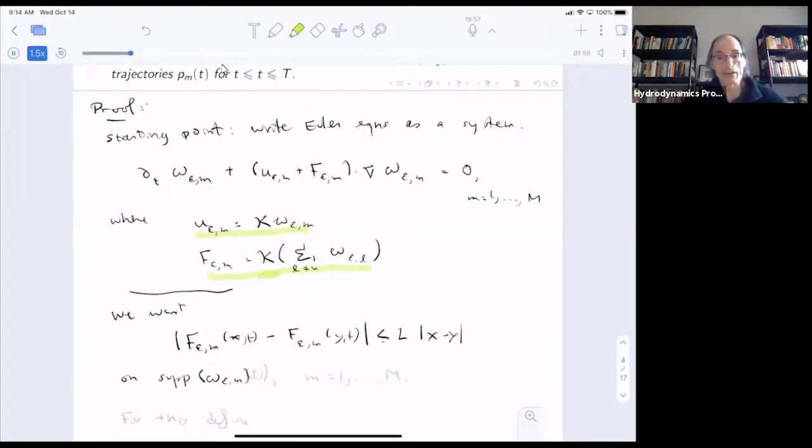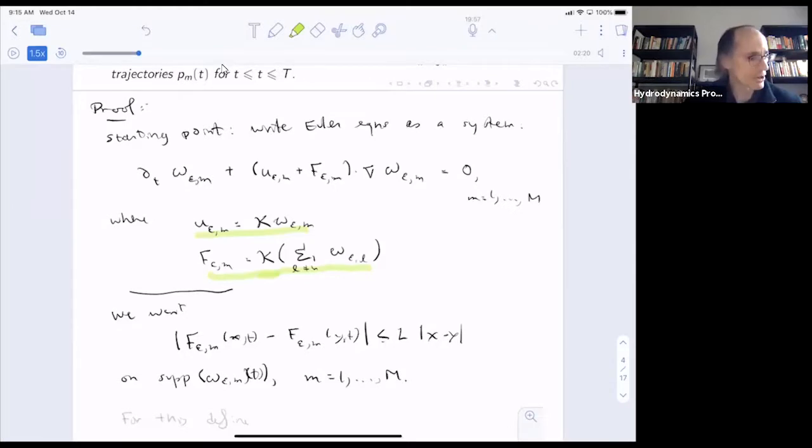So we need to find a constant L such that capital F epsilon m is Lipschitz continuous with constant L on the support of the mth vorticity blob at time t, for every m and for every t. Note that in the earlier theorems, we just assumed that this capital F was Lipschitz continuous everywhere.